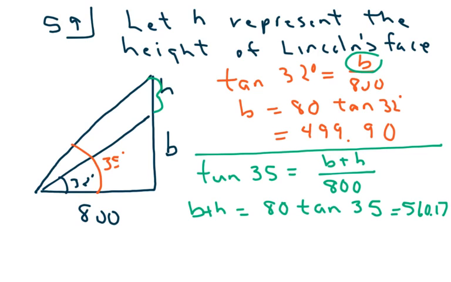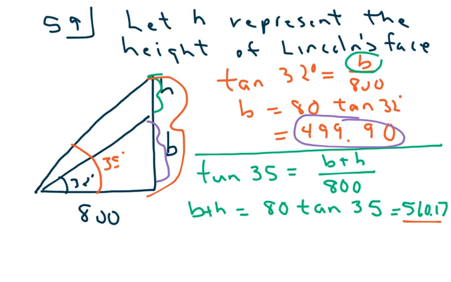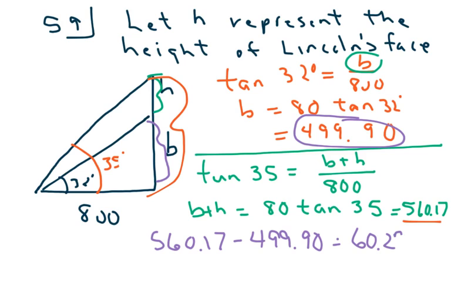Now, to get the real height, we're going to subtract, because this is the B plus H here, which is what we have here, and then we have B, which we have here. So to find that, I'm just going to take 560.17 minus 499.90, and I get 60.27 feet.